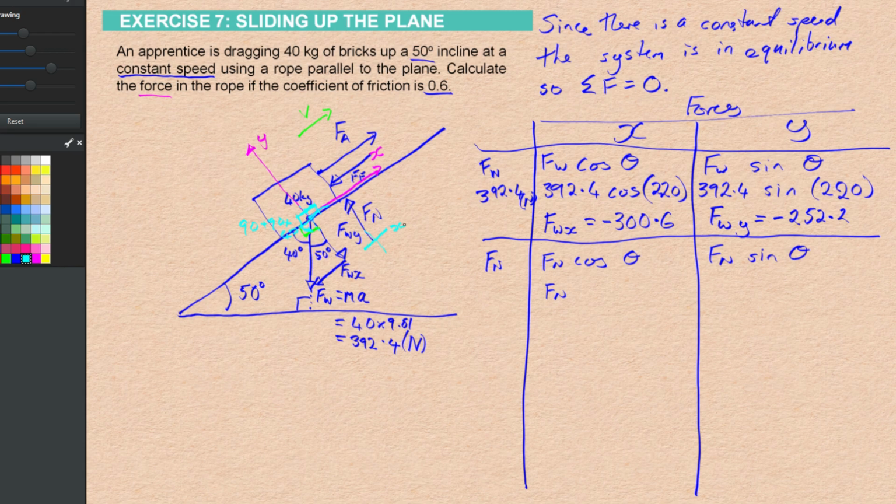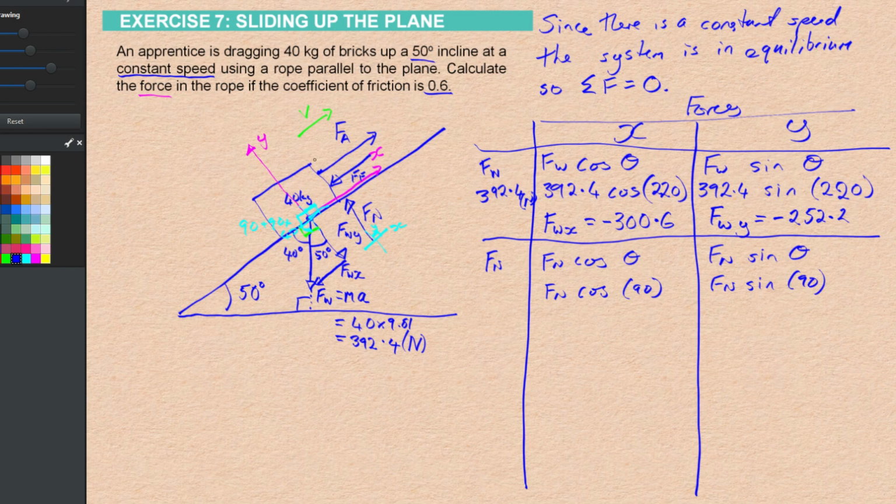When I draw my axes out, y-axis, x-axis, this is 90 degrees from the x-axis going towards y, so our angle in there is going to be 90: Fn cos 90, Fn sine 90. If you look at the solutions from Sanchita, she doesn't worry about all this table.